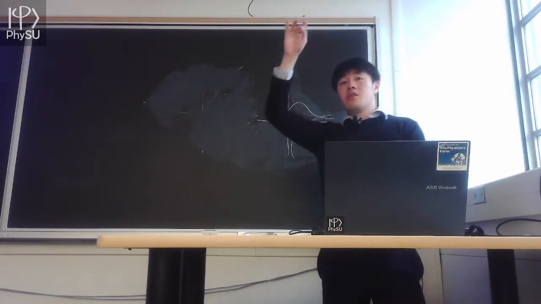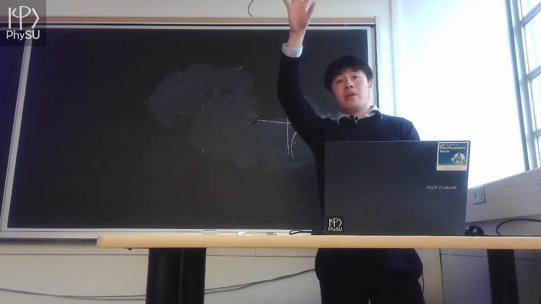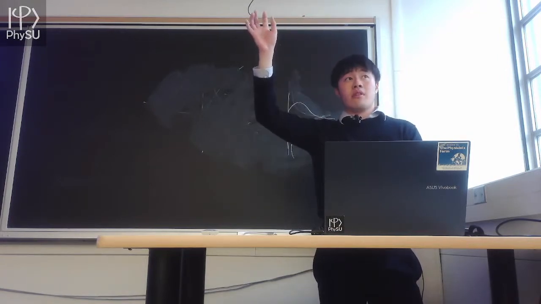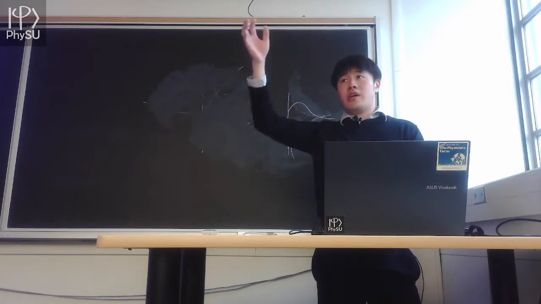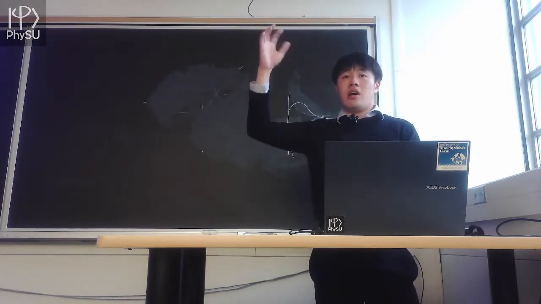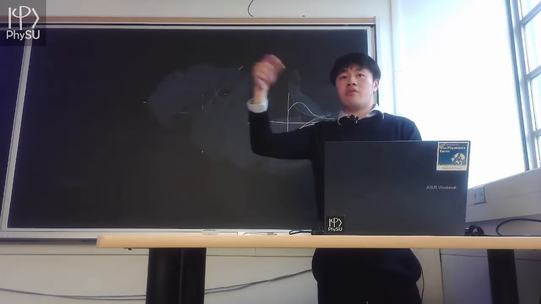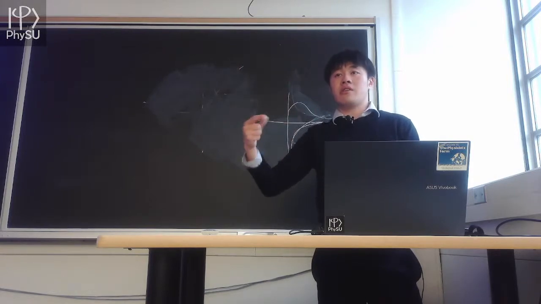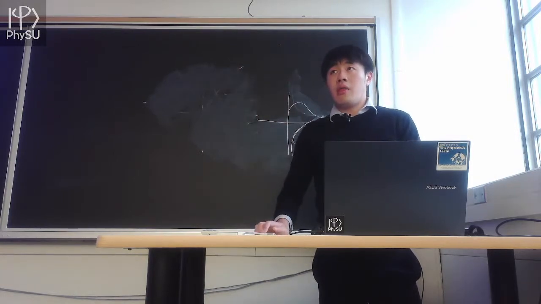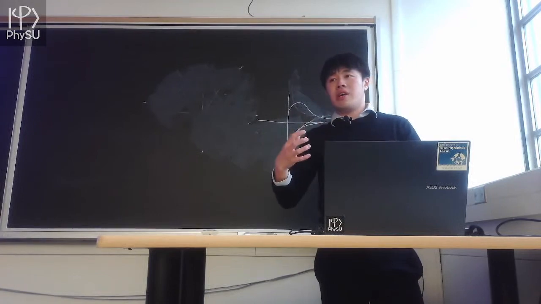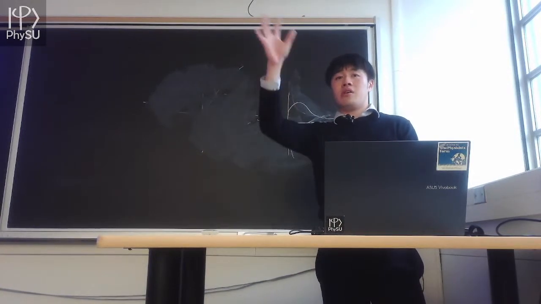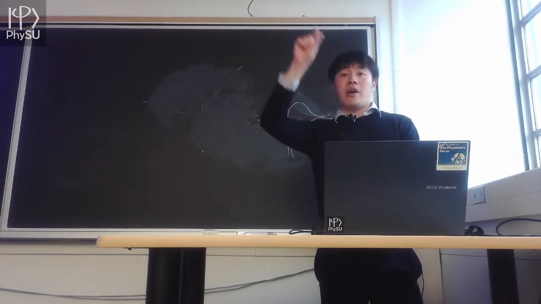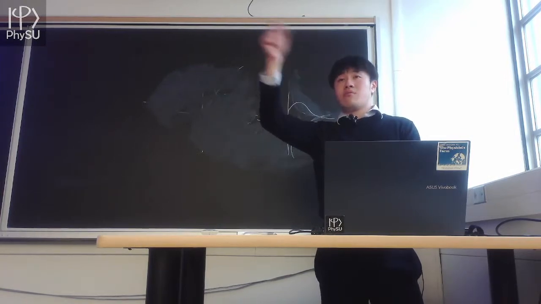sometimes the topmost orbital will completely change at each iteration of the self-consistent calculation. It'll go from being occupied to unoccupied, just on and off like that, which affects the convergence a lot.